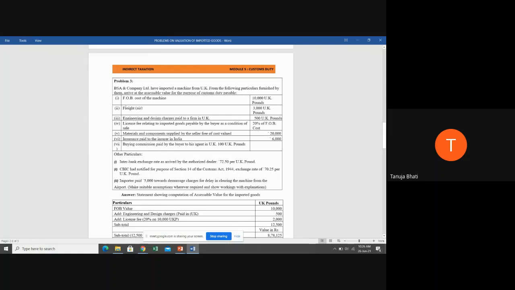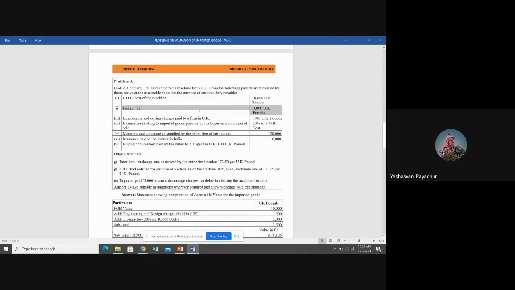Now, students, tell me, this freight by air, should it be added to calculate the assessable value? If yes, to what will freight be added? Ma'am, in order to arrive at CIF value, freight should be added to FOB.